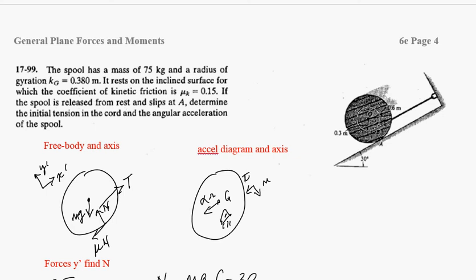We have a spool. We're given the radius of gyration, so we can find the moment of inertia. We know the coefficient of kinetic friction. So notice how this spool works. It's actually tied off right here. So that is the point for which we know the acceleration.